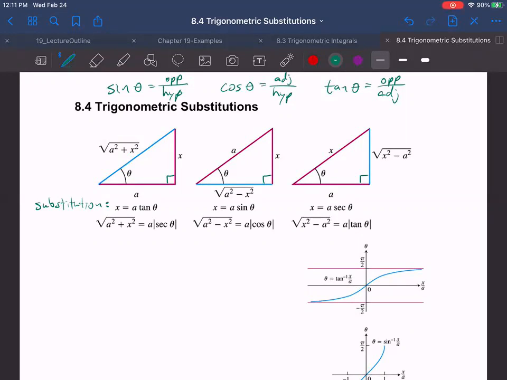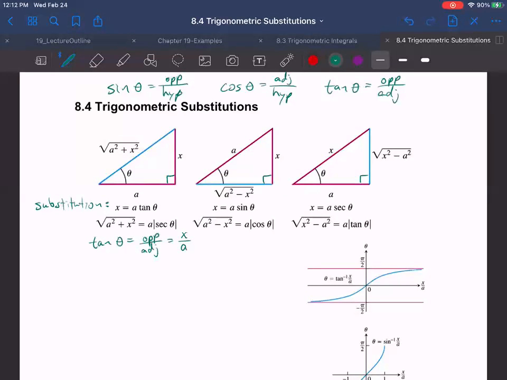So we have tan theta is opposite over adjacent, which is x over a. All right.